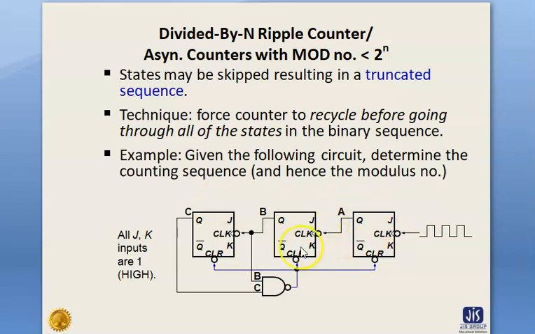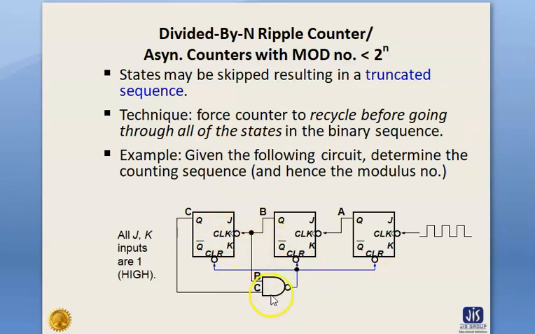The outputs from the second and third flip-flops, that is B and C, are connected to the inputs of the 2-input NAND gate. When both outputs B and C are high, only then will the output be 0, which resets or clears all flip-flops and forces them back to the initial state, that is 0 0 0.